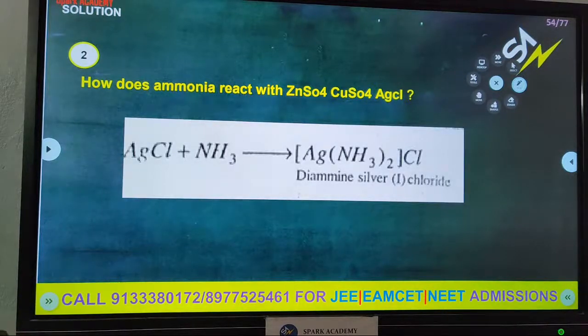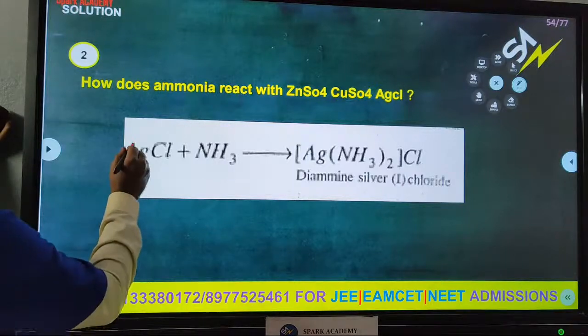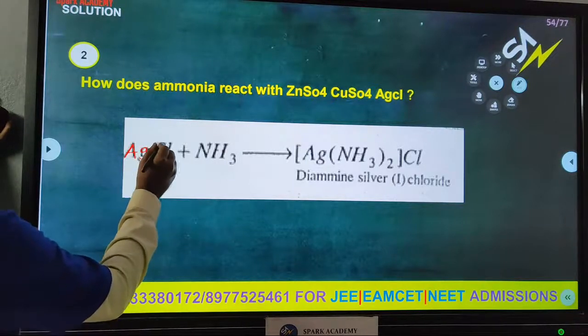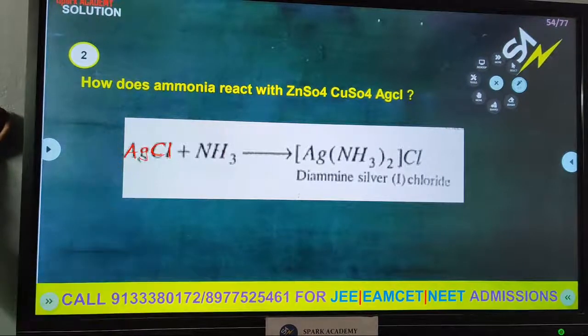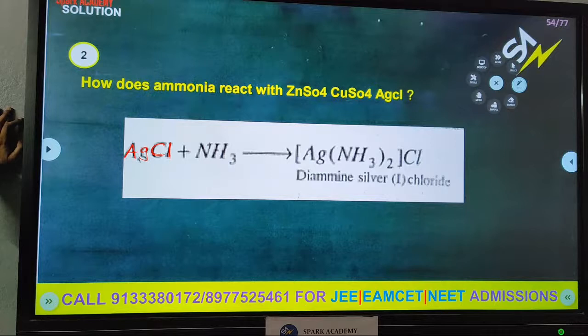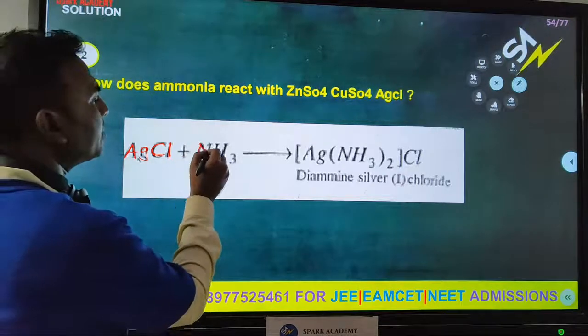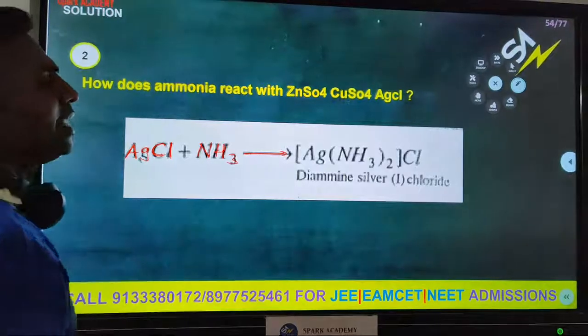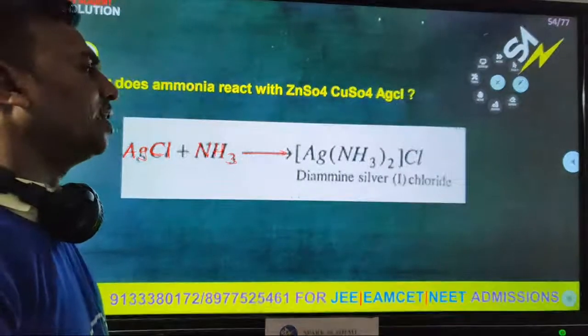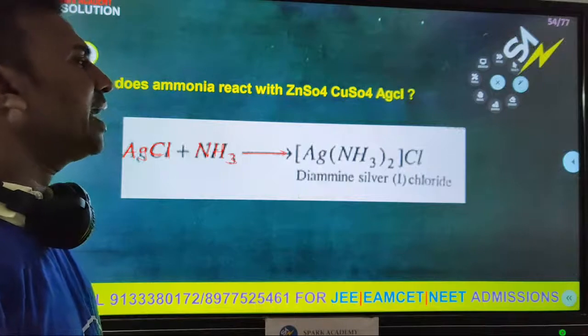Next, ammonia reacts with AgCl. What is AgCl? AgCl is silver chloride. Ammonia reacts with silver chloride and forms diammine silver chloride. What is the formula of the diammine?